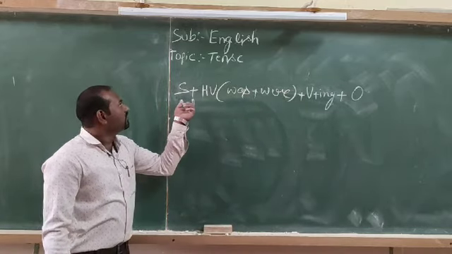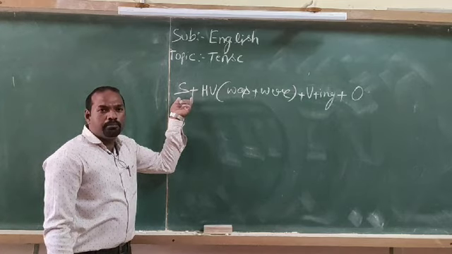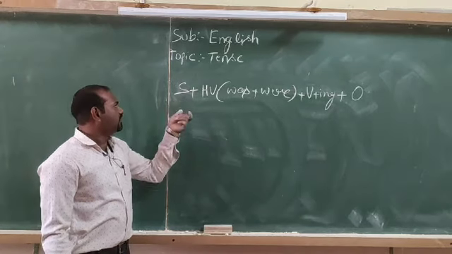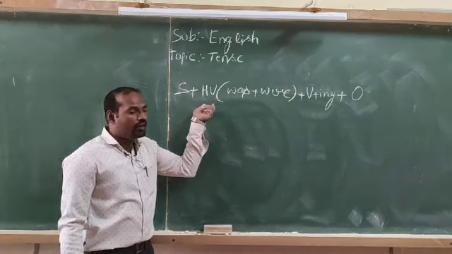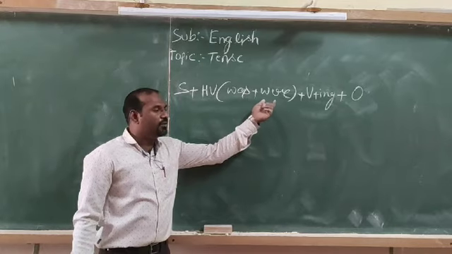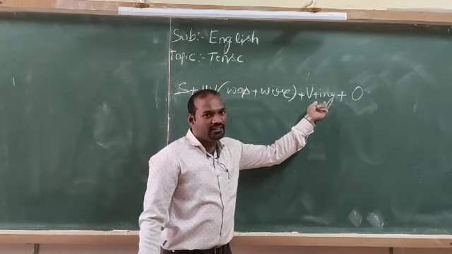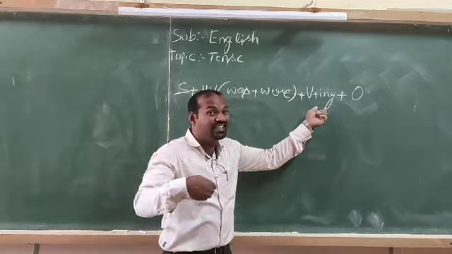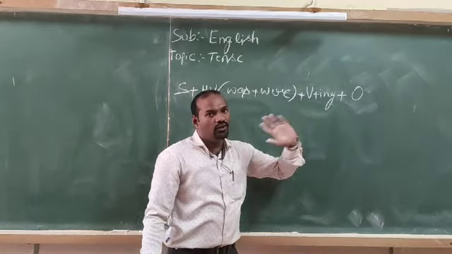This is the structure of the past continuous tense. We need subject, helping verb, either was or were, and verb plus ing, present participle form, because it is a continuous tense, along with the object.